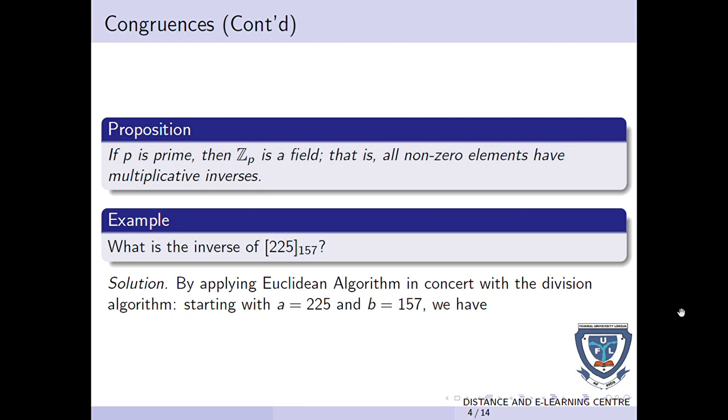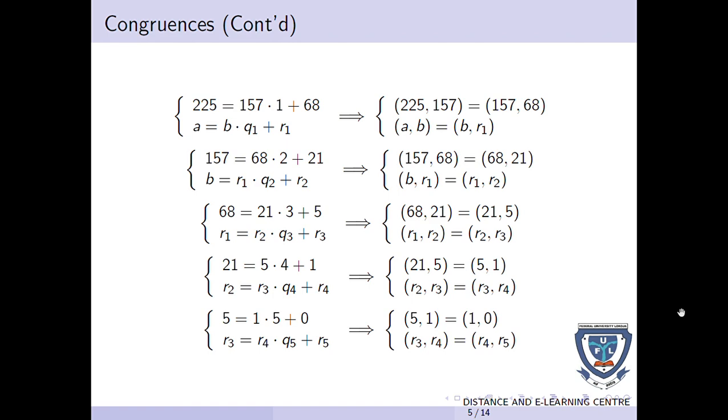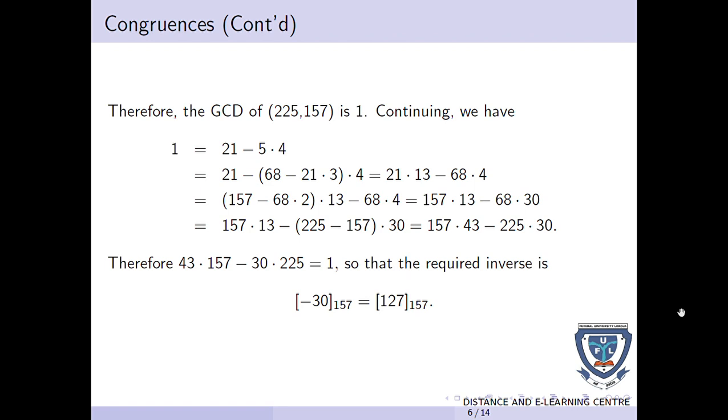225 modulo 157? Solution. By applying the Euclidean algorithm in concert with the division algorithm, starting with a to be 225 and b to be 157, we are trying to find the GCD. We follow these steps line by line, and we observe that the GCD of 225 and 157 is 1.